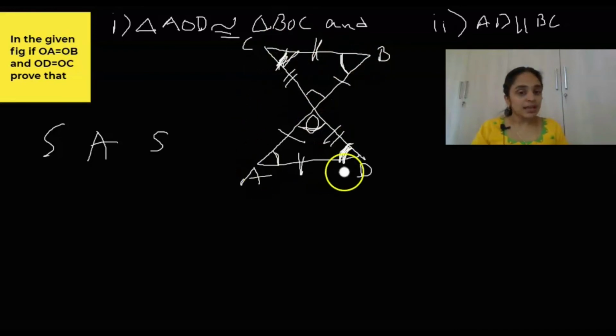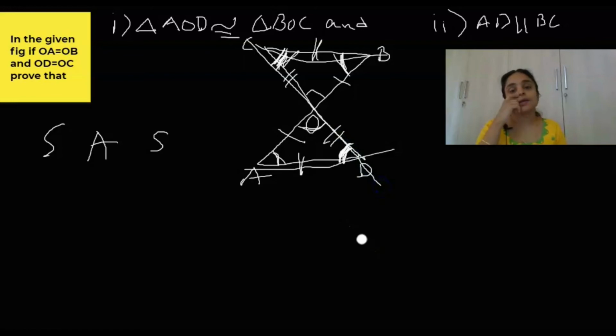And if these two lines are parallel, this is the transversal. And we have learnt in the chapter lines and angles that if a transversal intersects two lines such that their alternate interior angles are equal, then the lines are parallel.